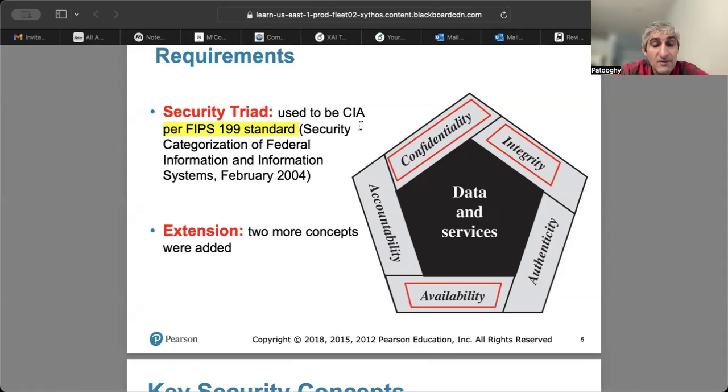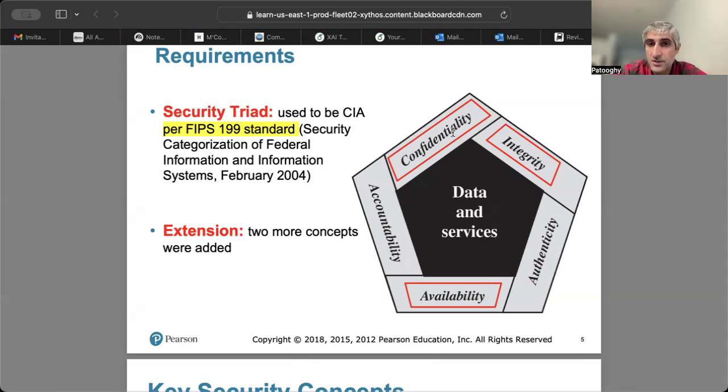My goal and intention in this course is to give you a very broad and, at the same time, deep understanding of the security of computing systems. This is a very important lecture because we are talking about terminology.